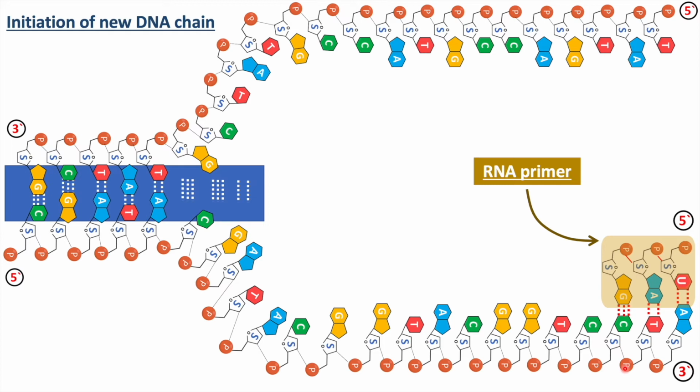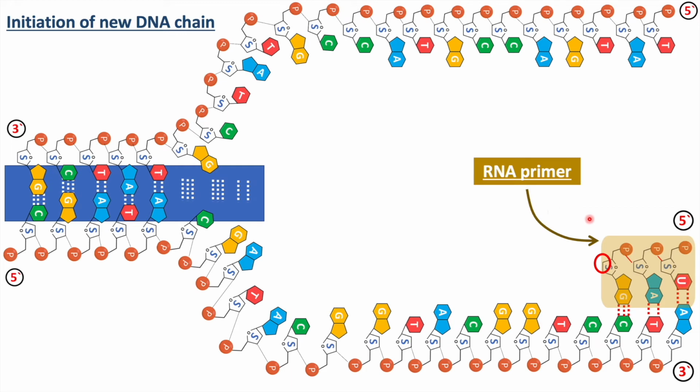So now once RNA primer comes in and brings the complementary ribonucleotides, it now provides the starting material. And what is the starting material I talked about? That is the free hydroxyl group which is attached to the 3' position of the sugar molecule. So now once DNA polymerase has this starting material, it can start elongating this chain from here onwards and start synthesizing the new DNA strand.